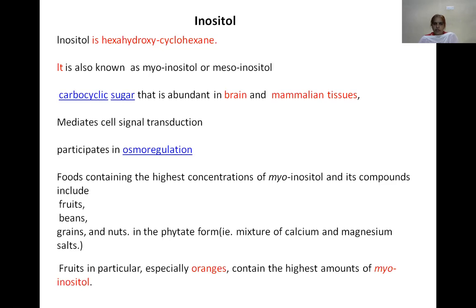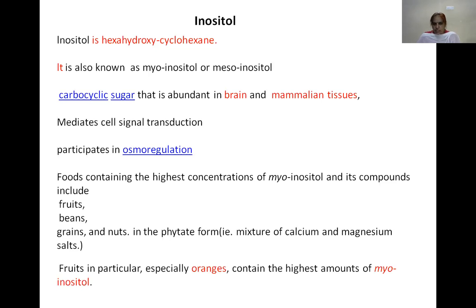It is a carbocyclic sugar, most abundantly present in the brain and mammalian tissues. Its main function is to mediate cell signal transduction and participate in osmoregulation.